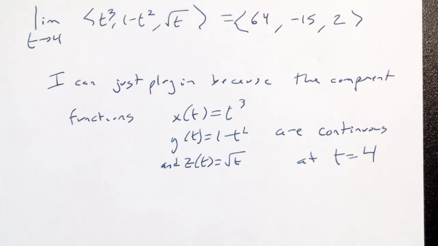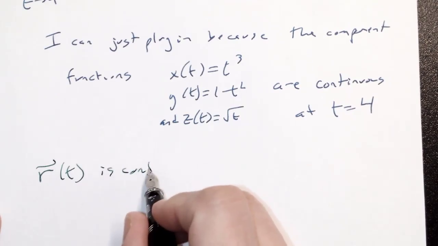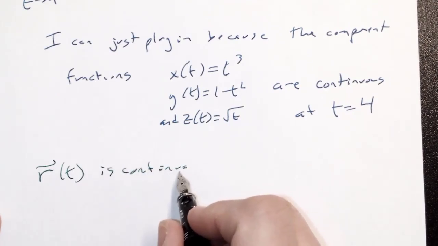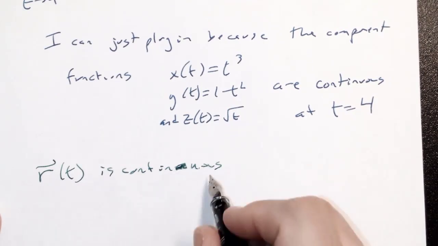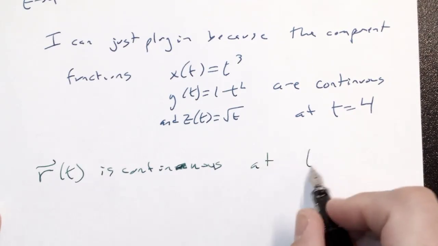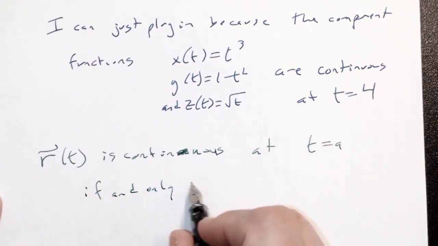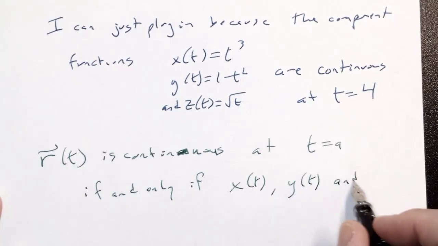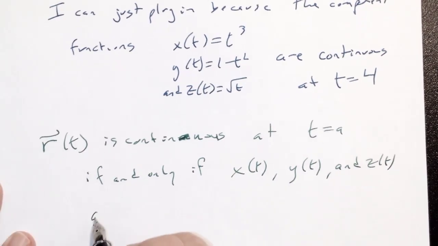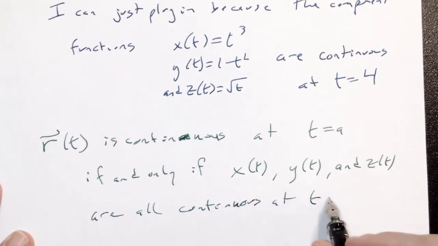So I will say that r of t is continuous at t equals a if and only if x of t, y of t, and z of t are all continuous at a.